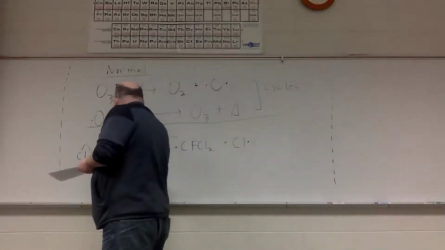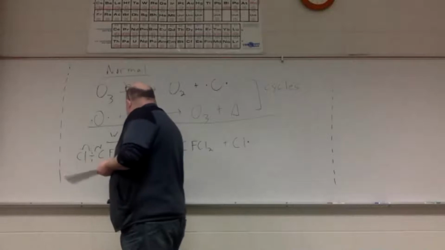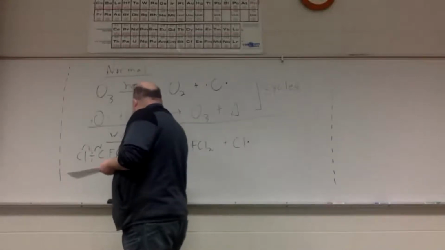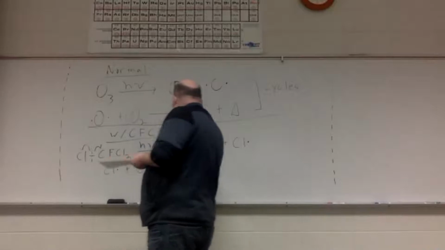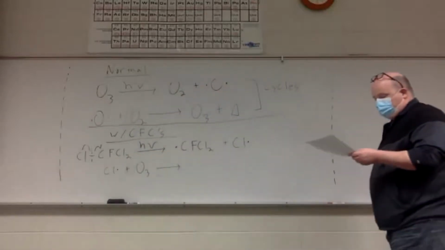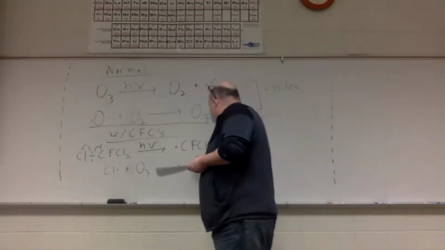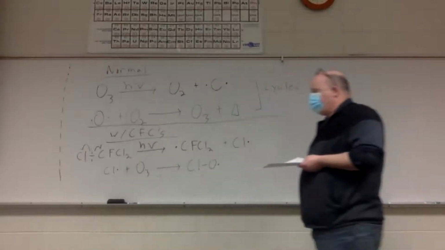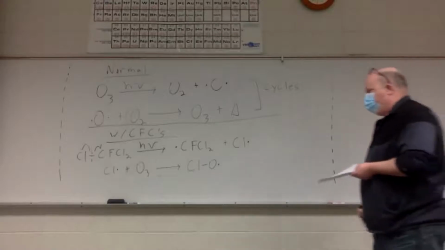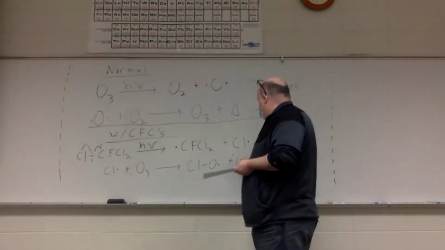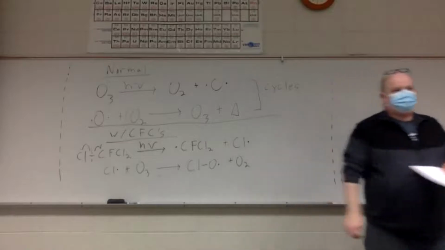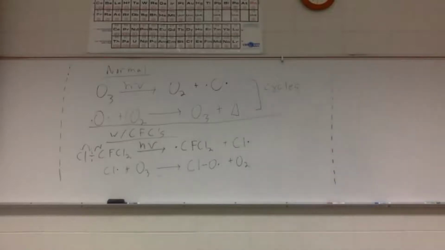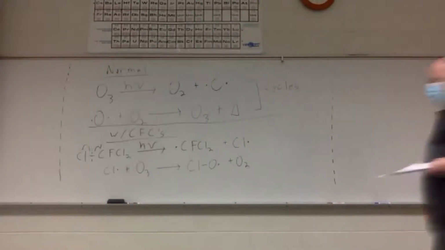Once you form that chlorine radical, it can break apart ozone, forms a ClO radical and molecular oxygen, O2. So that's bad. We just broke apart some ozone. Here's what's even worse, though.